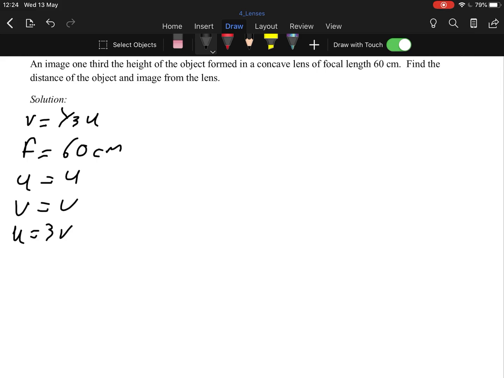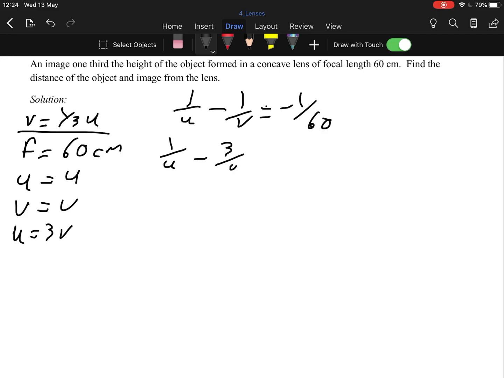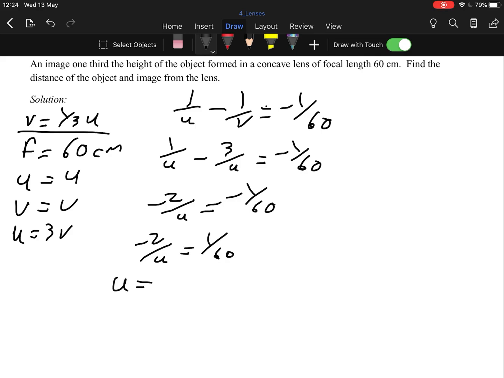It doesn't really matter. So 1 over u minus 1 over v equals minus 1 over 60. If I go this way first, I say 1 over u minus 3 over u equals minus 1 over 60, minus 2 over u equals minus 1 over 60, 2 over u equals 1 over 60, u equals 2 times 60.